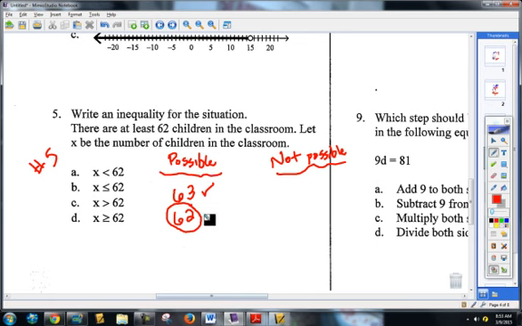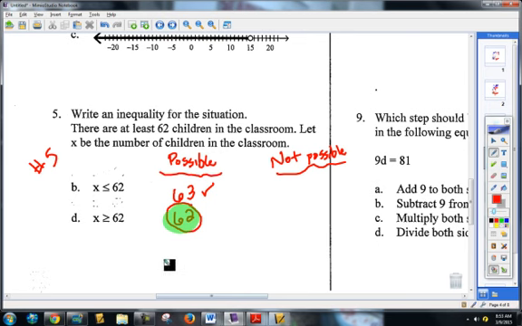So right when I know that 62, guys, can I eliminate 2 of these answers right away? Yes. What 2 answers can I eliminate? A and C, because I know that I'm including 62 in my solution set. Does that make sense, guys? Yeah. So I go ahead and just eliminate A and C because I know that it can be exactly 62 people because it says at least 62.